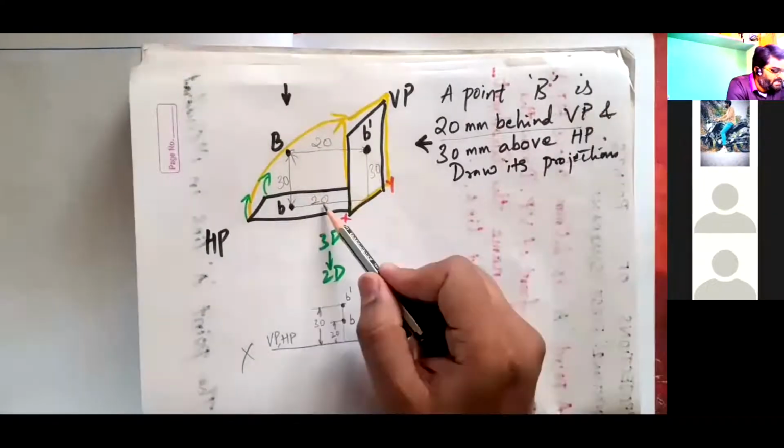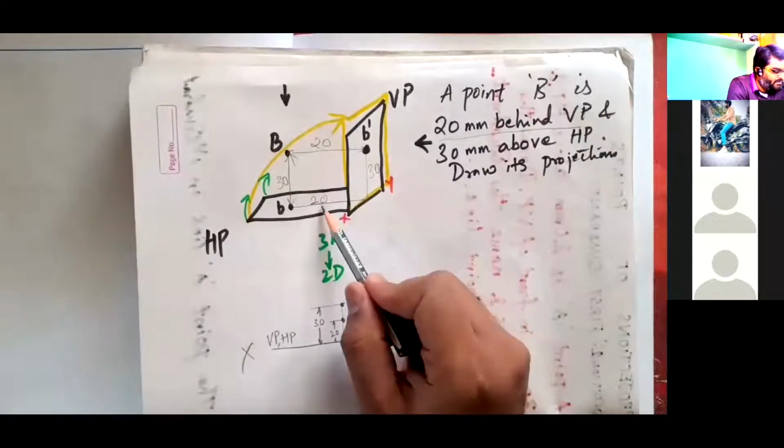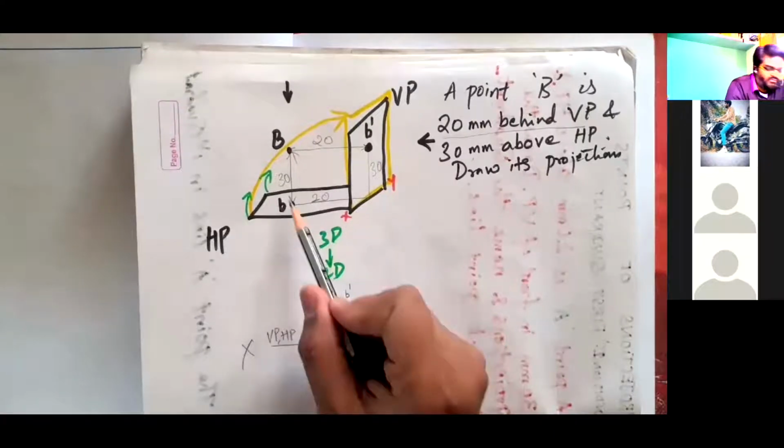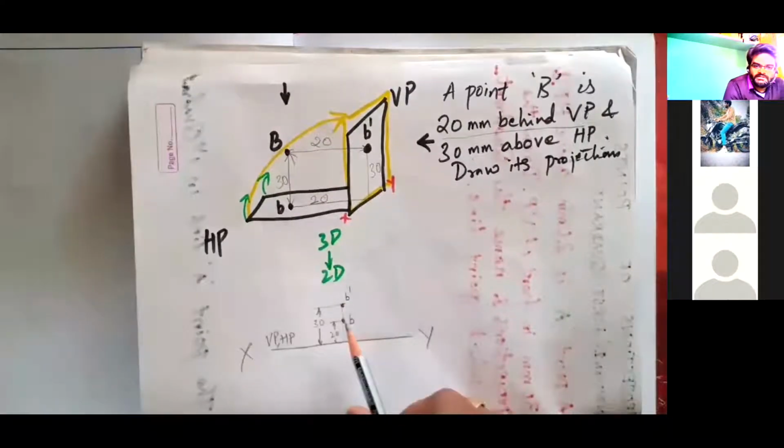This 20 mm is seen on horizontal plane. So top view without a dash, only small letter b will be the top view. That is what second quadrant says.